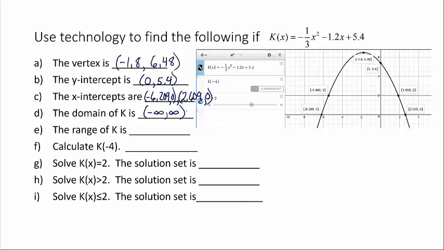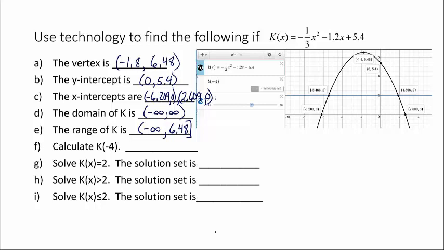The largest y value that this function carries is the 6.48. So the range would be -infinity up to 6.48, and we would be including that. Don't include -infinity, right? You can't get there. But we have a nice solid dot, and the 6.48 is included on the graph.